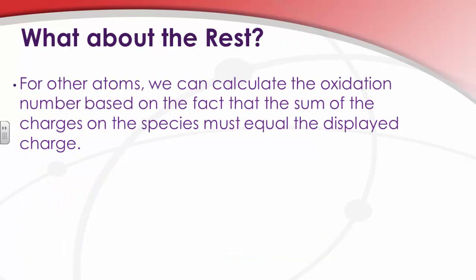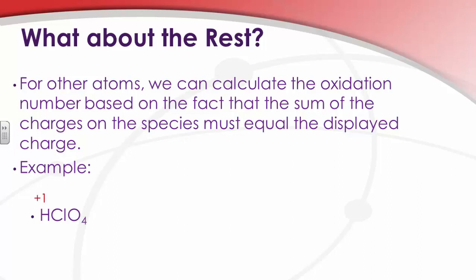Okay, so what about all these other elements? Well, for the other ones, we're going to use kindergarten math to figure it out. We're going to look at the species associated with a molecule, and I'll do some more examples, but I'll run through this one quickly. The charge on the overall molecule will give us the numbers if we use math associated with the ones we already know.